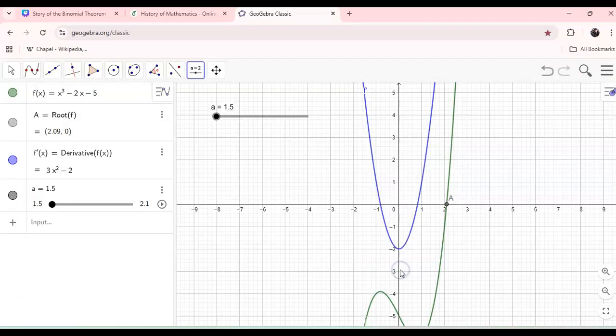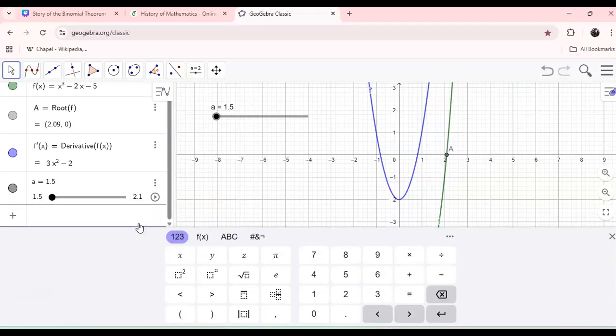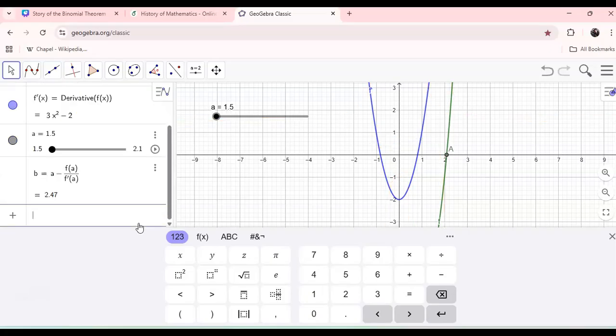That is our slider for the iteration. The more iterations we do, the closer we are to the root. So let's use the iterative formula: a minus f of a over f prime of a. At 1.5 the value is 2.47.